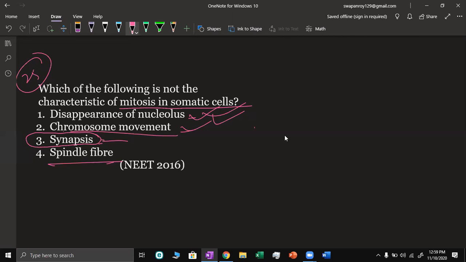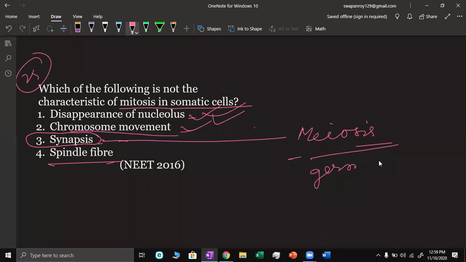Synapsis is a very, very important process in meiosis. And meiosis takes place in the germ cell, during the formation of gamete. Germ cells or germ line cells ultimately give rise to the formation of the gamete.